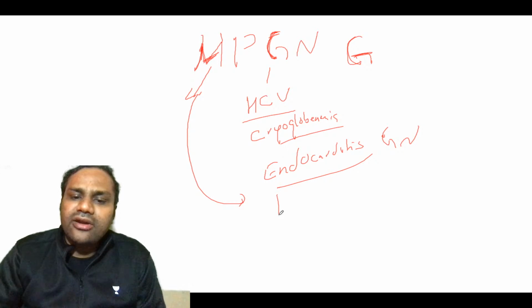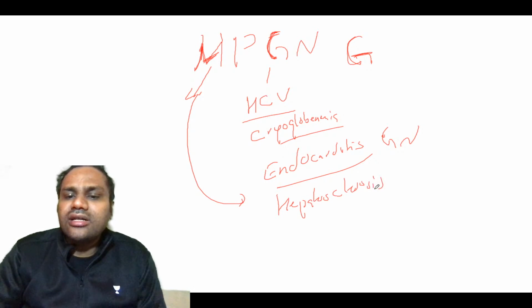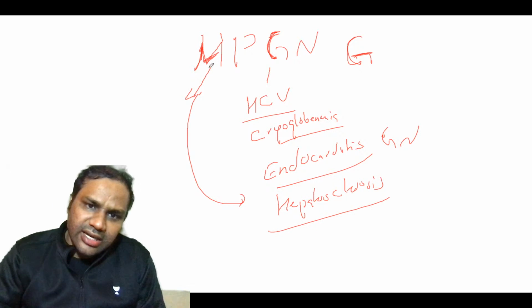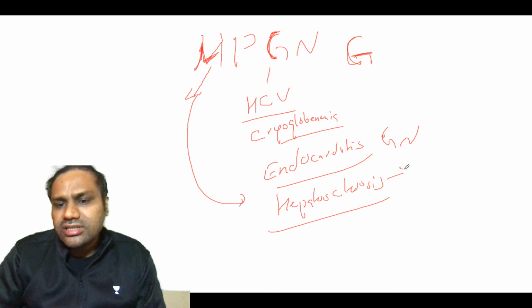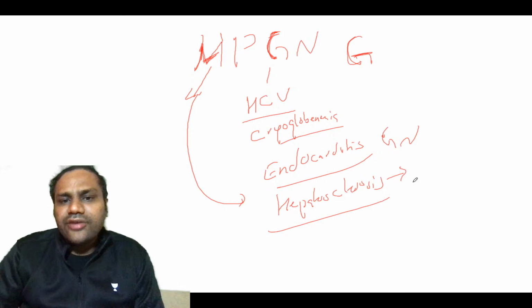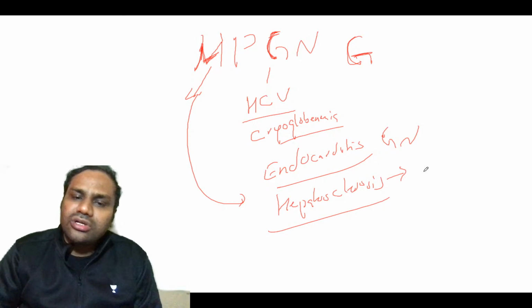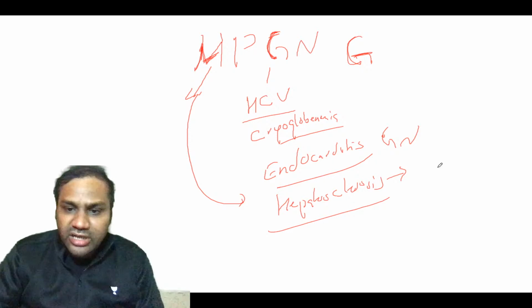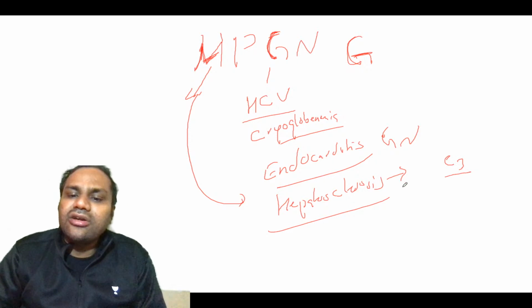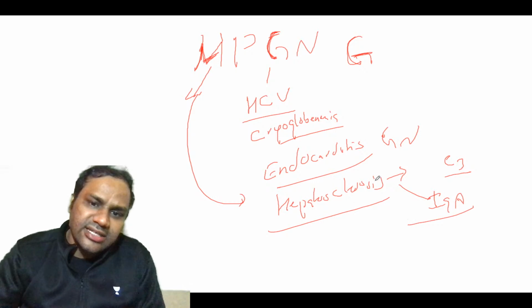So you can see hepatosclerosis. In hepatosclerosis, if MPGN is induced by it, in MPGN you mostly get C3 deposit, while in hepatosclerosis you just get IgA deposit, okay.